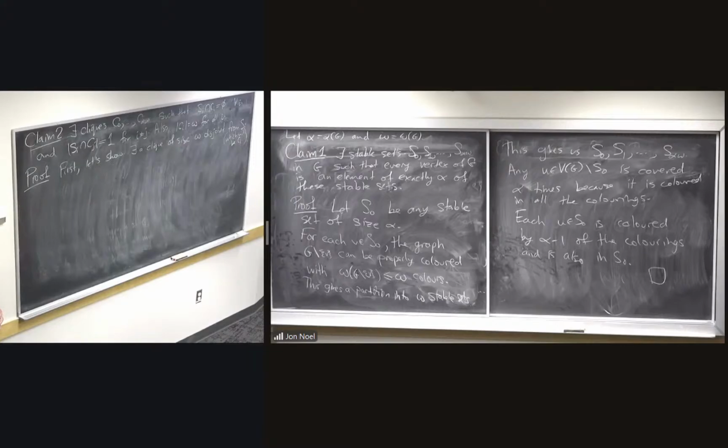So I want to do this by contradiction. I want there to be a clique of size omega disjoint from S_I. What if there wasn't? Can anyone see what's going to be the problem there?